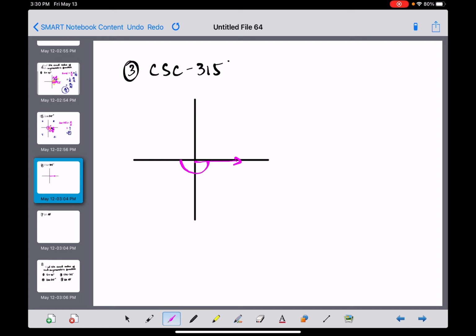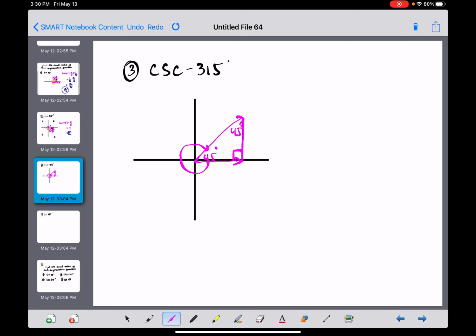So that's 180, plus 90 is 270, and then right here, that's a 45. Step 2, make a triangle by connecting the terminal side to the x-axis, and that's going to be 90 degrees. So this is 45, and then this is 45.